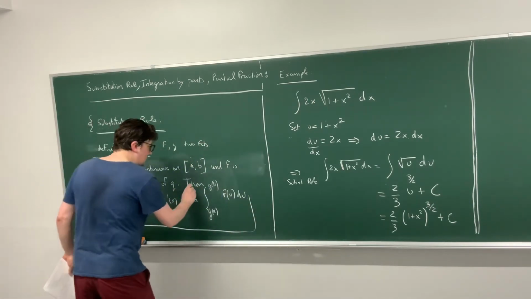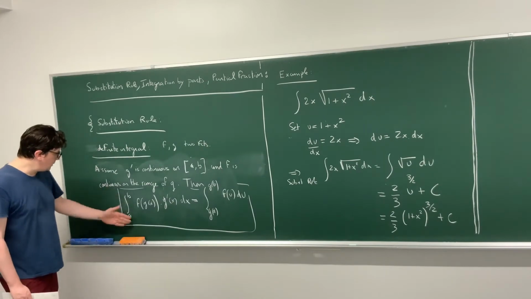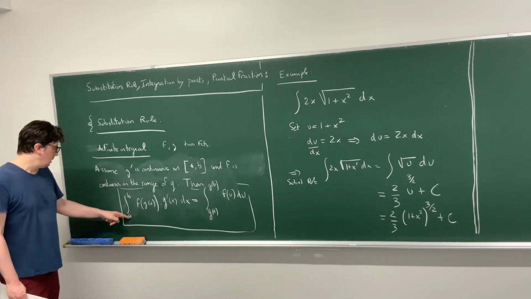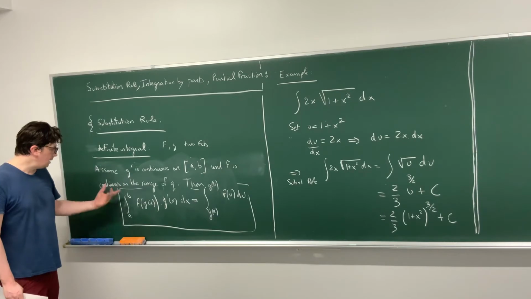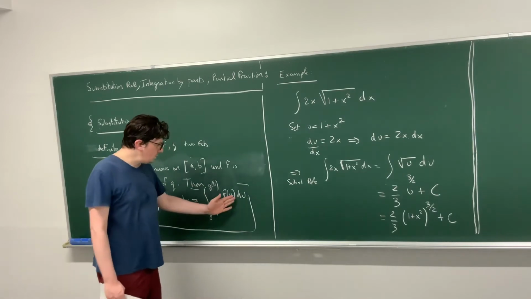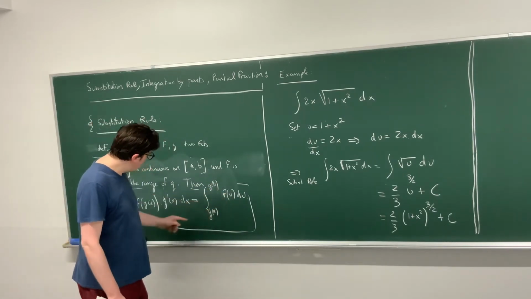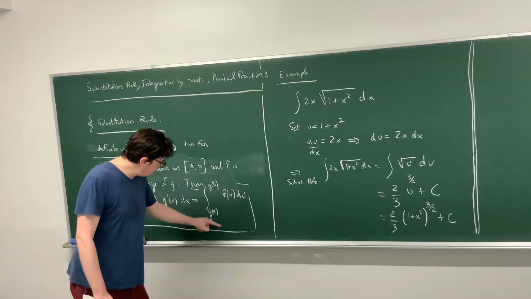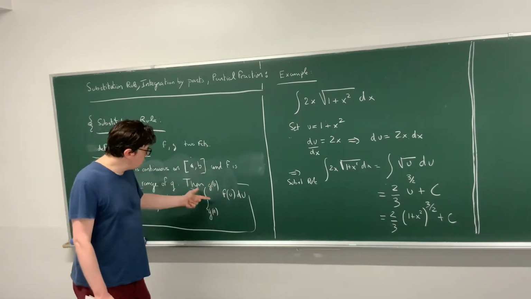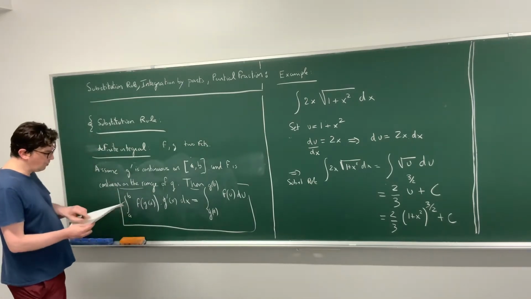On the left-hand side, you just have the bounds a and b. Be careful, on the right side, students sometimes forget about this, you have to change the bounds. If on the left it's a, on the right side it should be g of a and g of b. This is a very important point.